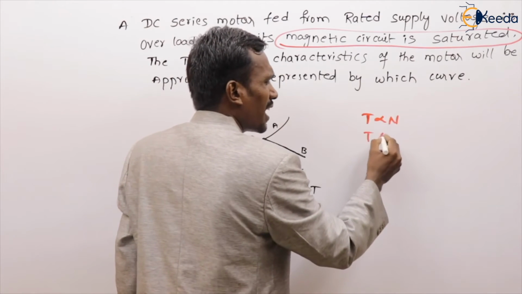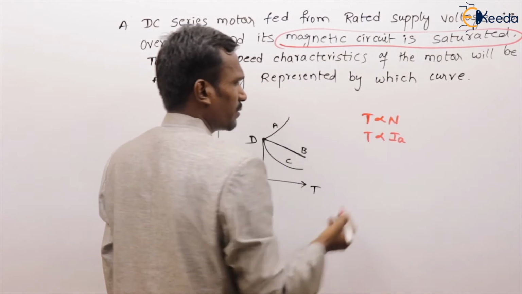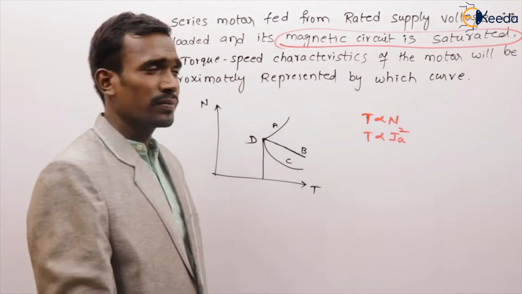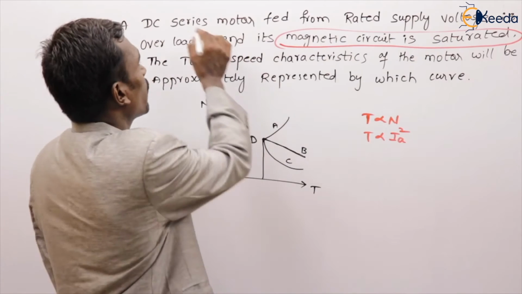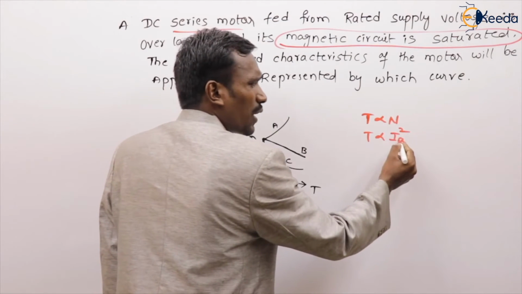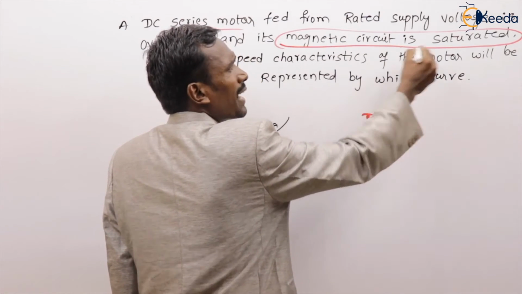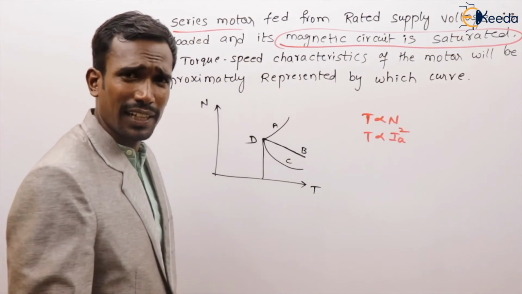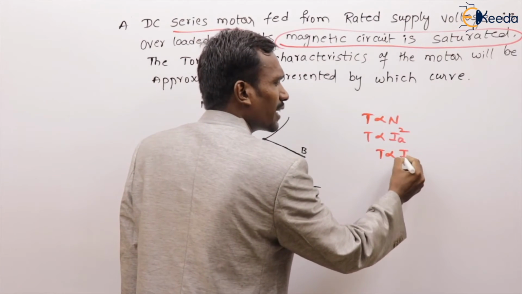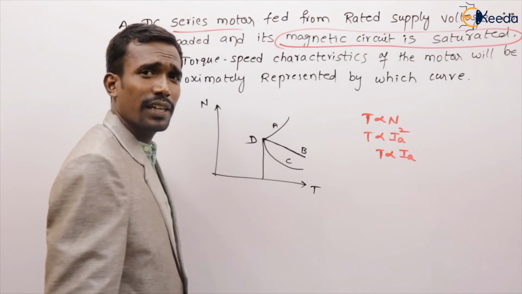Generally, torque is directly proportional to IA square for a DC series motor. But when the magnetic circuit is saturated, torque is directly proportional to IA.